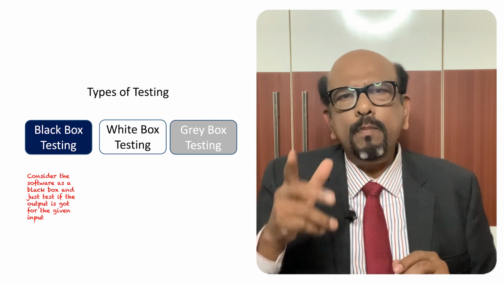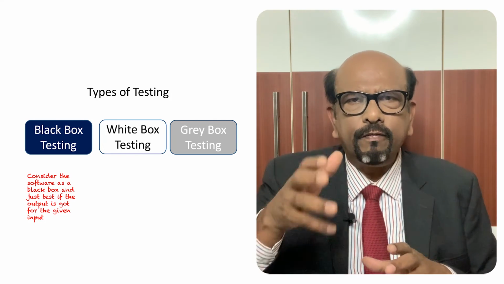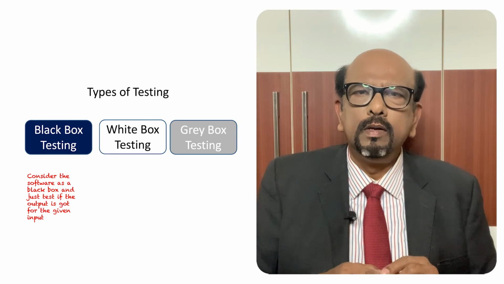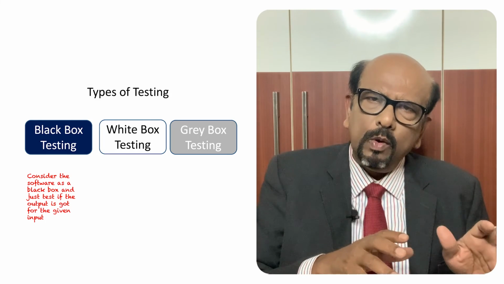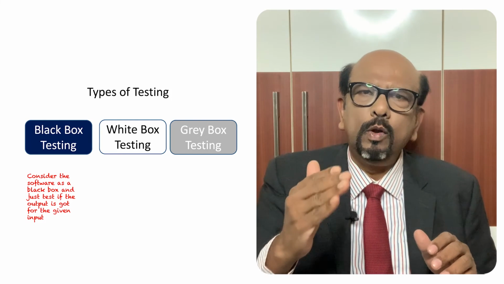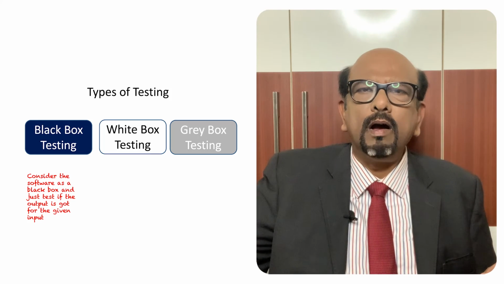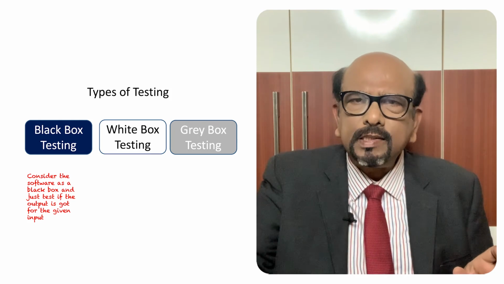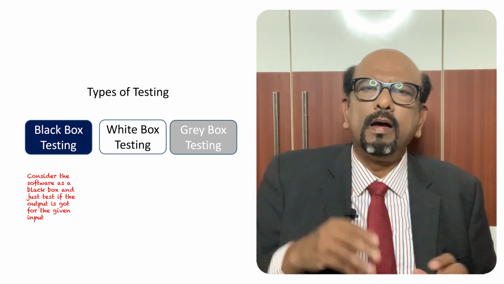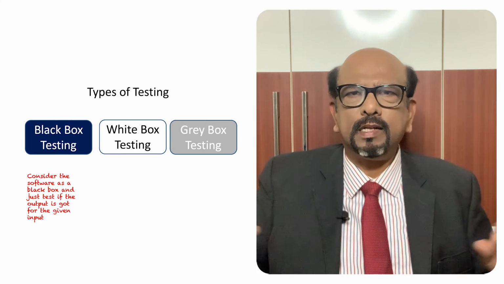In the case of white box testing, the testers have some understanding of what is inside the code. So they will give input and they will find out up to what level it is going. So when you give something, of course, if the output is wrong, they will identify up to what extent it goes. So that is called black box testing and white box testing.